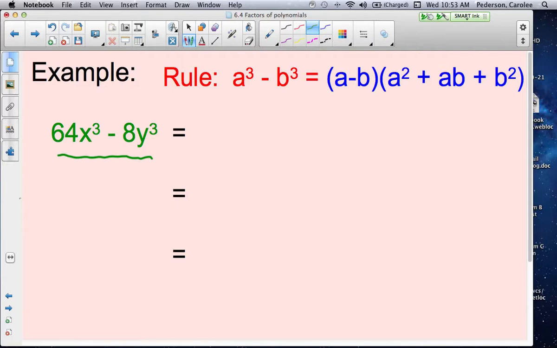And then 8 can be written as 2 times 2 times 2. So write this as 4x, all cubed, and then 8y cubed as 2y, all cubed.